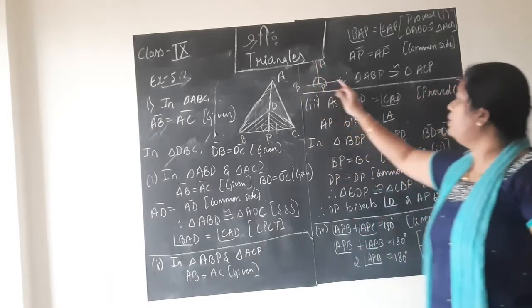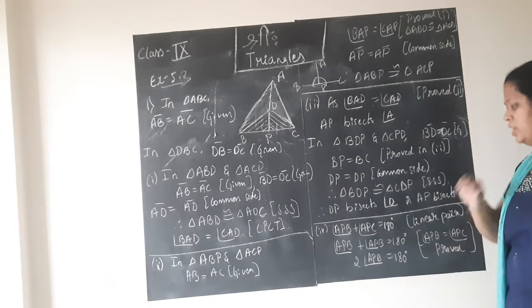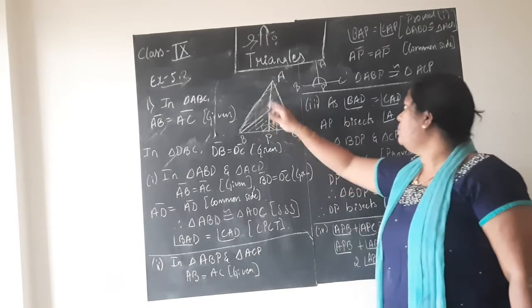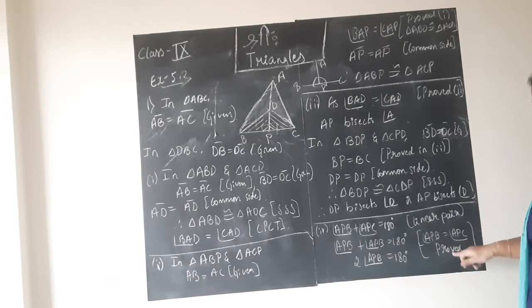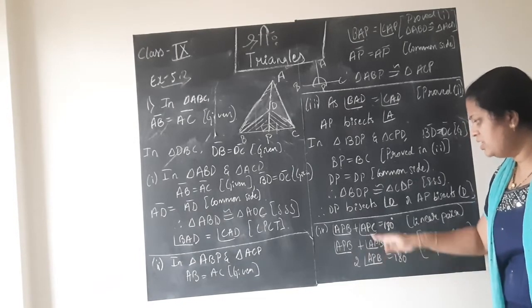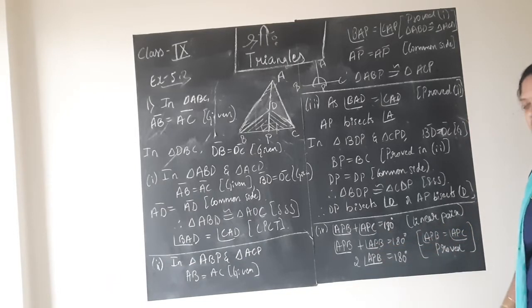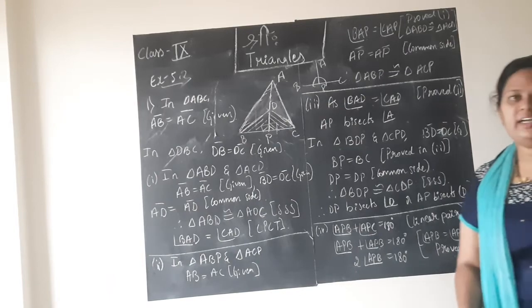So angle APB plus angle APC is 180 degrees. They form the linear pair. Now angle APB equals angle APC, which we have proved. So I am replacing APC by APB. Why? Because both the angles are equal. So 2 times APB is 180 degrees.